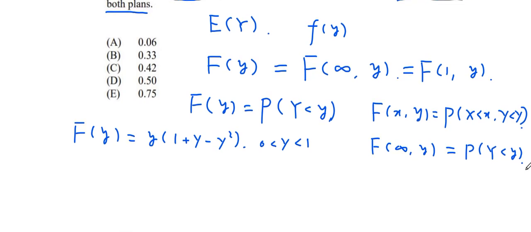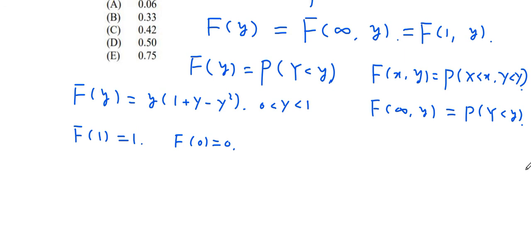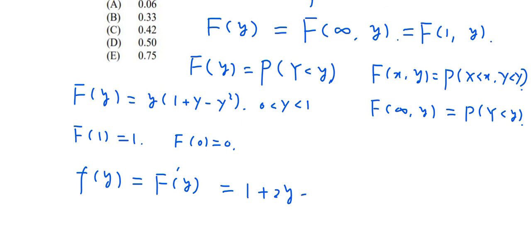When y equals 1, this is 1. When y equals 0, this is 0. F_Y is the cumulative function, so the density function is just the derivative. We find the density function equals 1 plus 2y minus 3y squared.